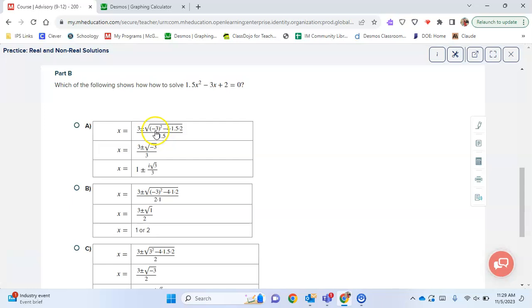B squared, which is 9, minus 4 times A times C, which is 12. 9 minus 12 is negative 3. The 3 divided by 3 is 1, and the square root of negative 3 is i times the square root of 3. So A is correct.